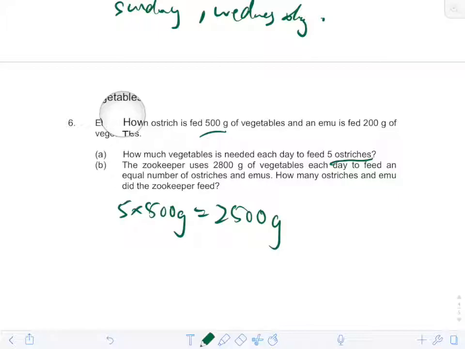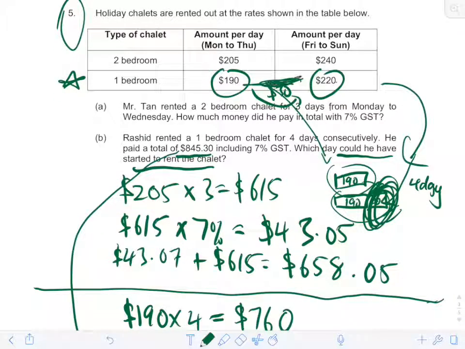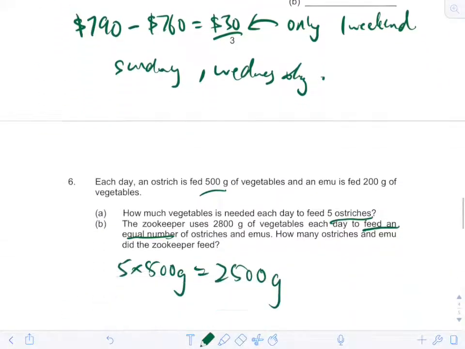Zookeeper uses 2,800 grams of vegetables each day to feed an equal number of ostriches and emus. How many ostriches and emus did the zookeeper feed? Okay, so now the keyword here is feed an equal number. Which means just like the previous question over here, this one will be something like this part here, this connection here.